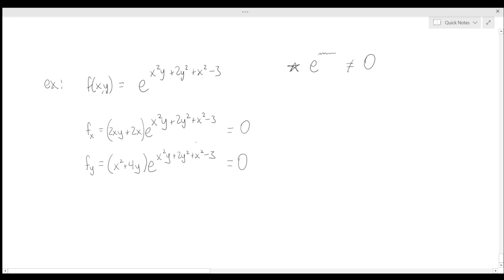So because the exponential can never equal 0, the only way for this product to equal 0 is for the first part to be 0. So I can just ignore the exponential right now and just take this first part and set it equal to 0. And the same thing for fy, just take the first part and ignore the exponential. Okay.